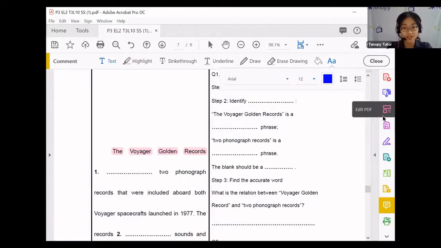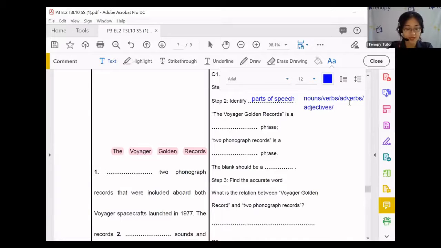After identifying the keywords, we will move on to identifying the parts of speech. Parts of speech are the different types of words that make up a sentence. For example, nouns, verbs, adverbs, adjectives, conjunctions, prepositions.